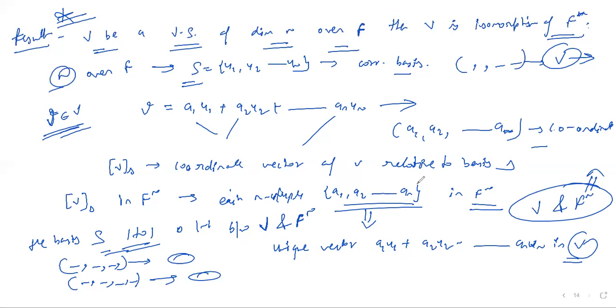Let's see why we study isomorphism. Why do we need this? An isomorphic image of a vector space is actually easier to study or to visualize than the original vector space. But there is one point to remember: not all the properties of a vector space are reflected in its isomorphic image.